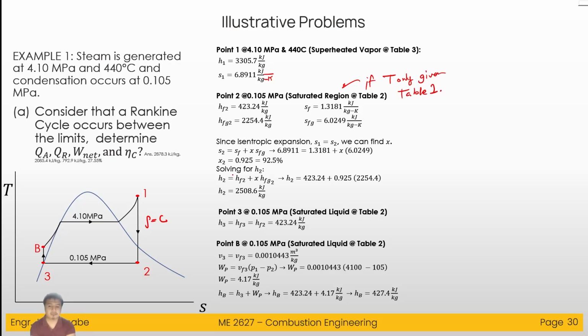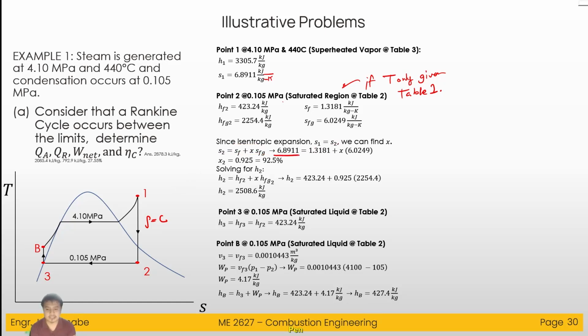But for 99% of the time, you will need to use table 2. So you found Hf and Hfg, Sf and Sfg. You now want to find X, the quality, to find the enthalpy. This is the end goal here. You already have your S2 because S1 is equal to S2, since this is a constant entropy process.